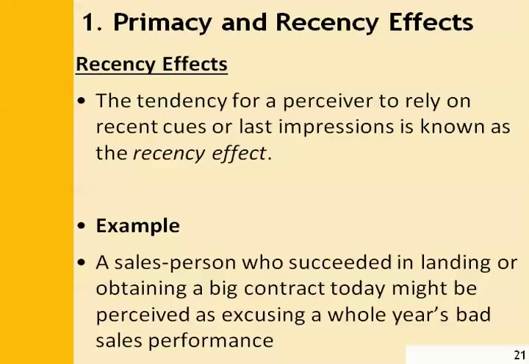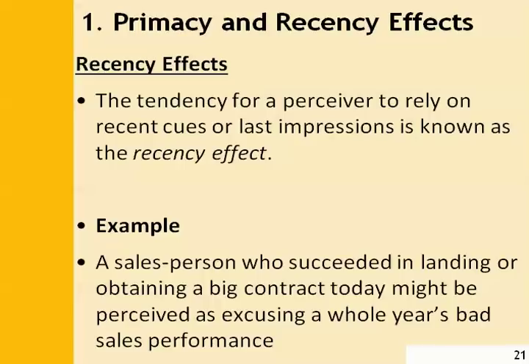And it could be the opposite. If you performed very well all year, and then at the end of the year your performance declined, in that case it is very possible that your evaluation will be based only on the last impression, which was the decline in your performance. And of course this is very biased.